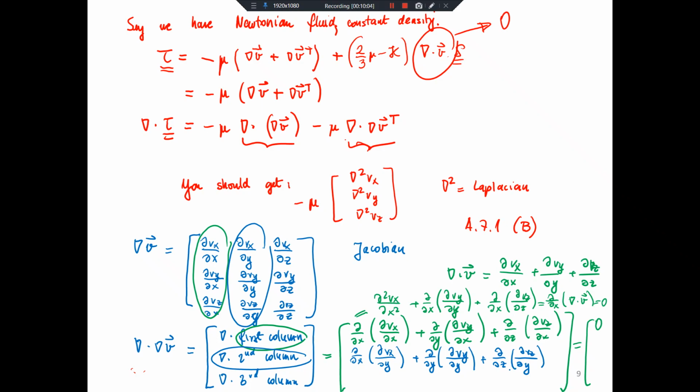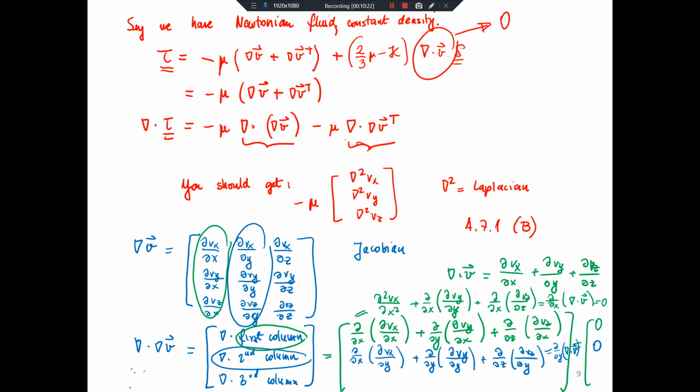And if I again flip the order of differentiation, I will get that this is actually d dy of the divergence of v, and that is equal to 0 as well.